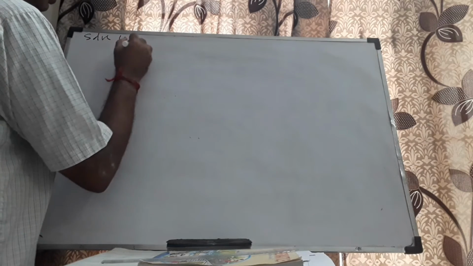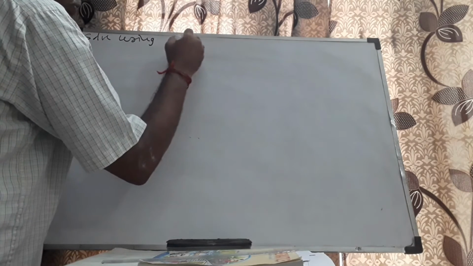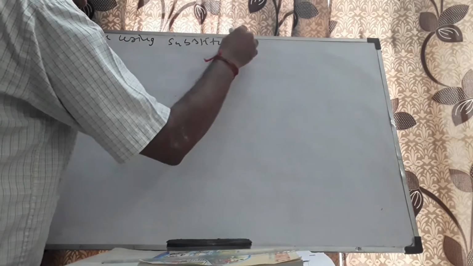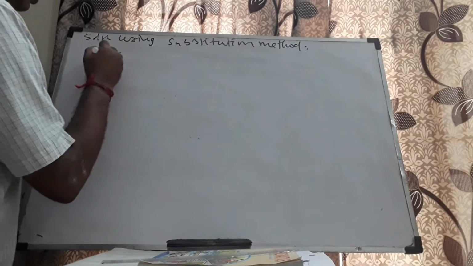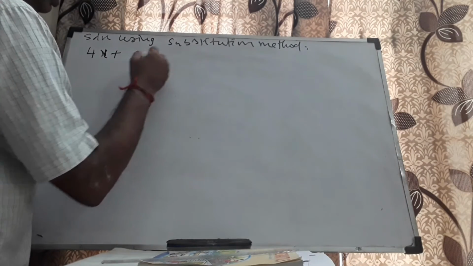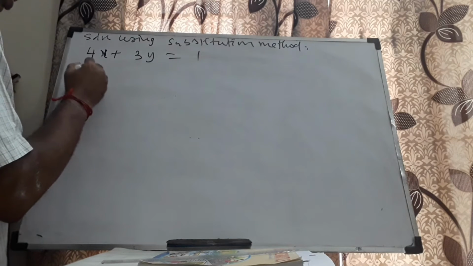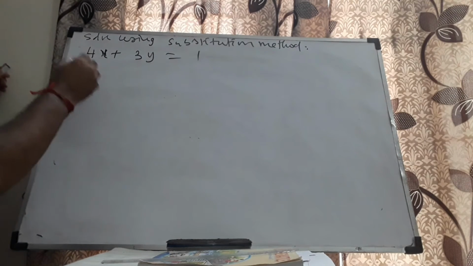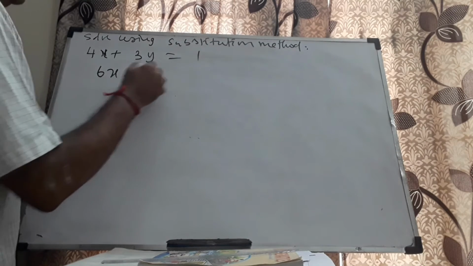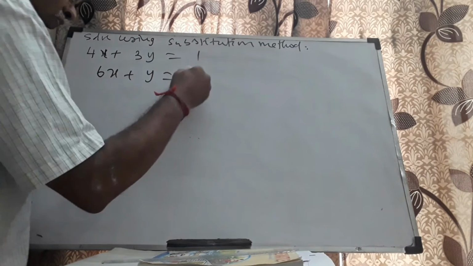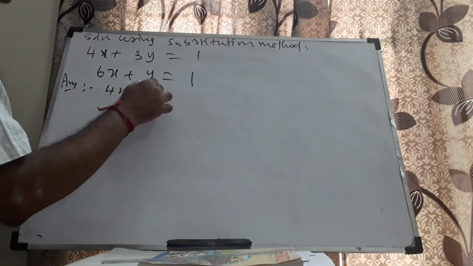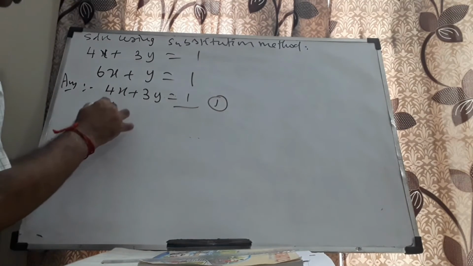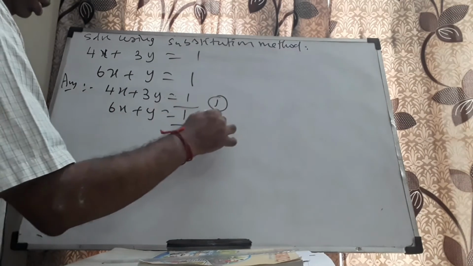Solve using the substitution method. 4x plus 3y is equal to 1. 6x plus y is equal to, let us say again, 1. Equation 2.